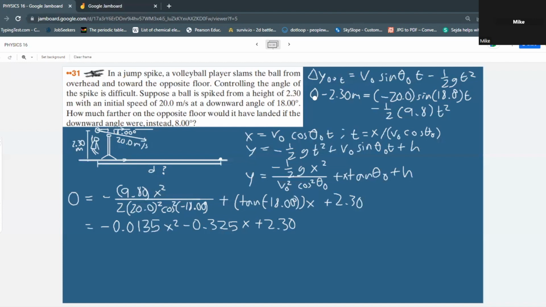The first answer is 5.7 meters. So, 5.7, right? The other solution is negative 29.